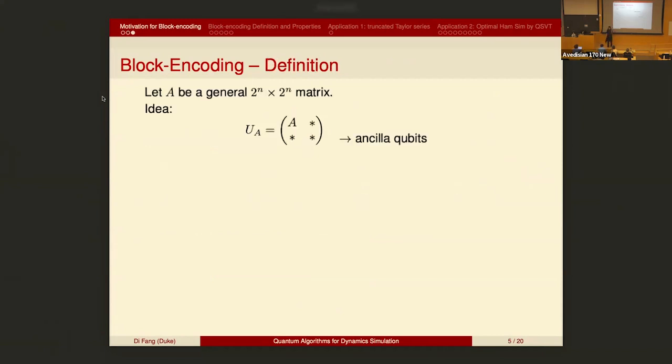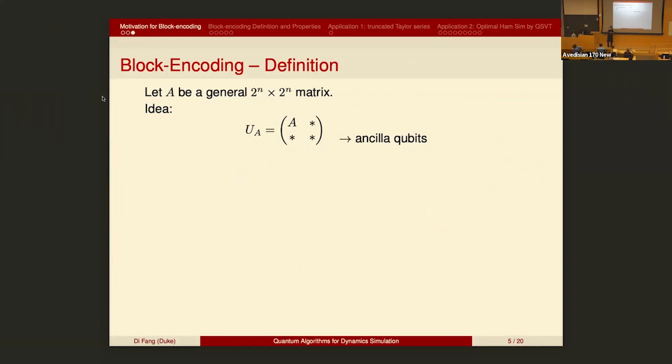So here is block encoding. The idea is that if A is not unitary, I can embed it. I can do a dilation in a certain sense and embed it in a larger unitary. Then applying the larger one is, as part of the system, applying the actual non-unitary matrix I'm interested in.